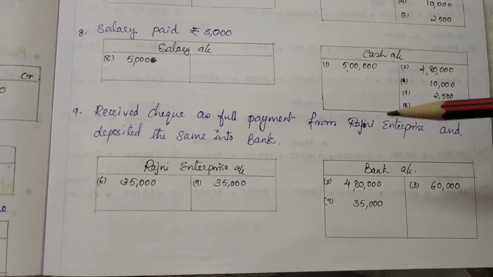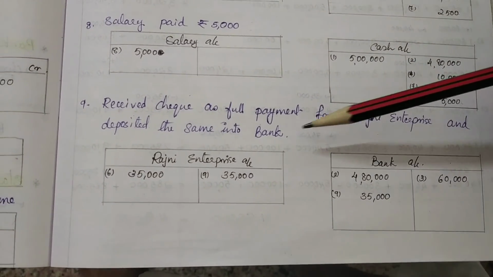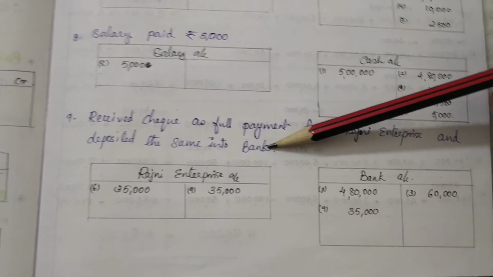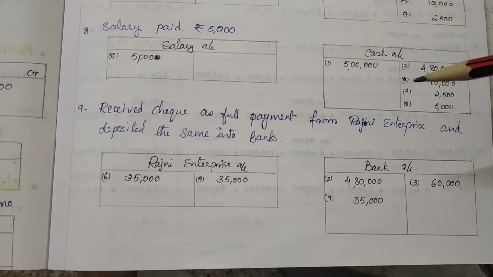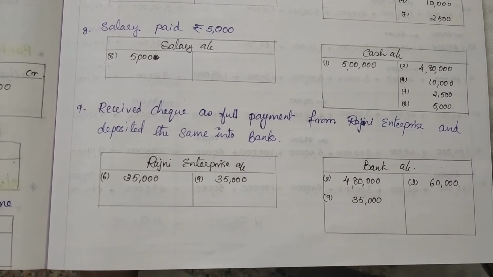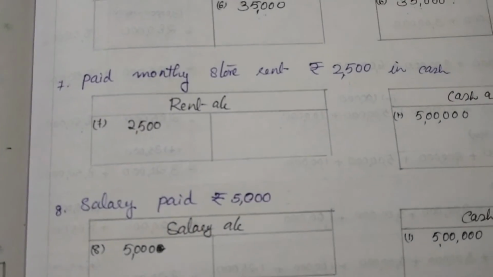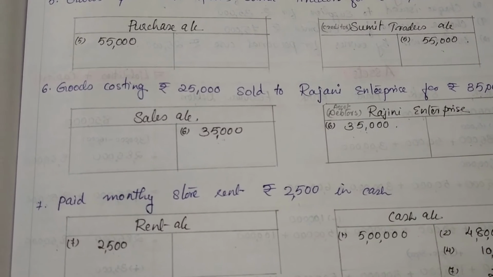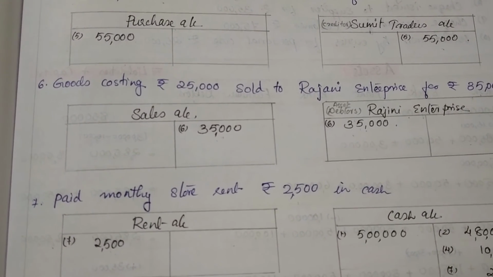Ninth one, received a check as full payment from Rajini Enterprises and deposited the same in the bank. Hope you remember Rajini Enterprises, where we sold goods and we didn't get any amount. This is the one. Sixth one, goods costing rupees 25,000 sold to Rajini Enterprises for rupees 35,000.